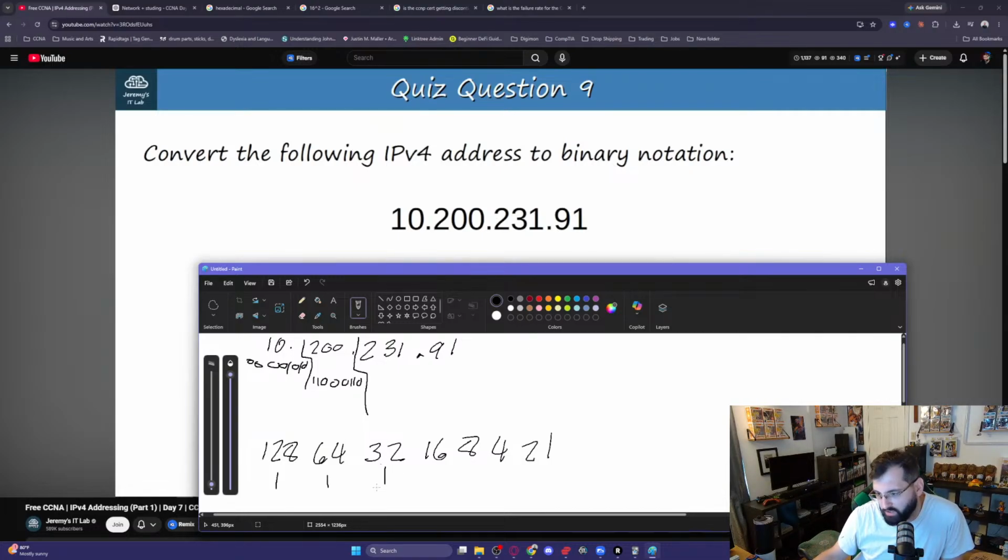So we're just 6 7 away. 7 away. So really it should just be these, right? Let's find out. Plus 4 plus 2 plus 1. That is correct. I'm getting faster. 1 1 1 0 0 1 1 1.